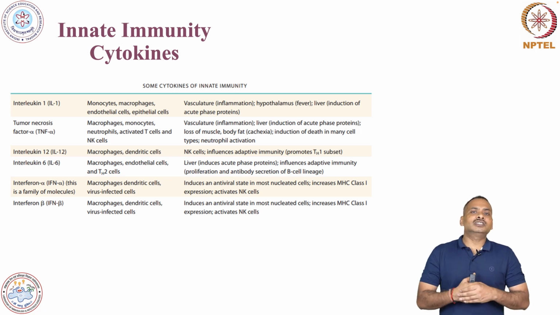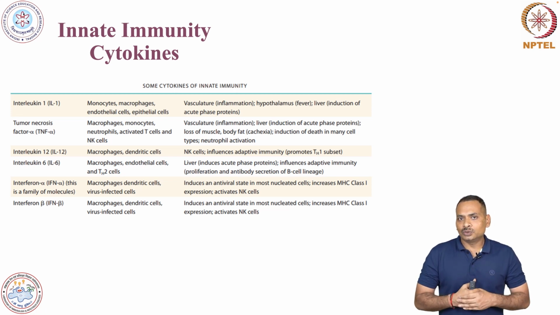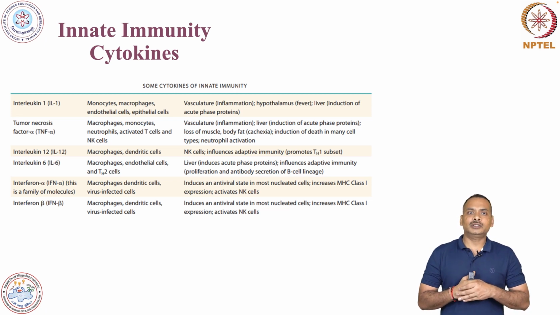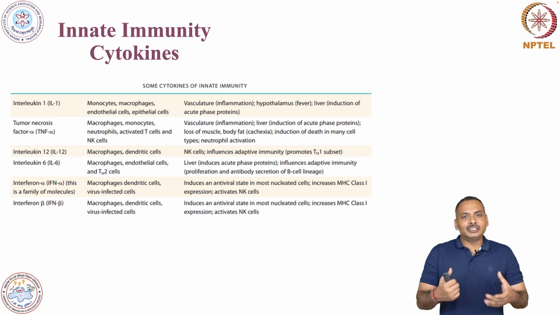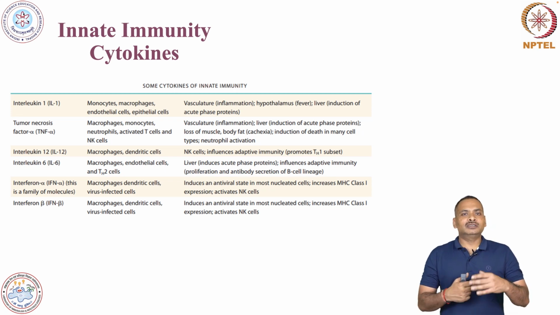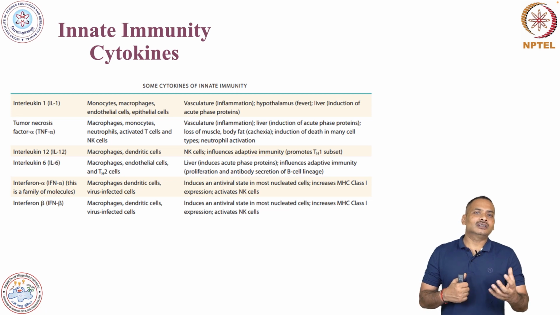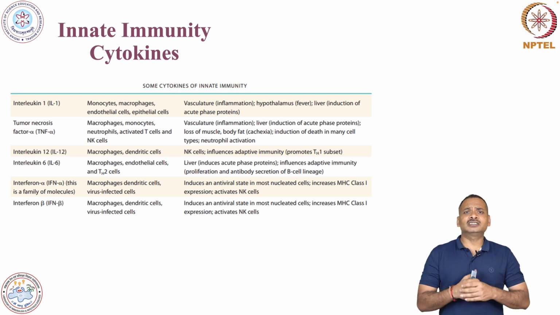So, these type 1 interferons play a very important role during virus infection. They interfere with viral replication. Okay. And they have anti-proliferative activity. So, when the interferon is produced, it will restrict cell division. Okay.